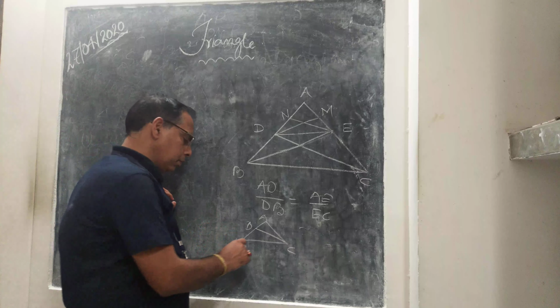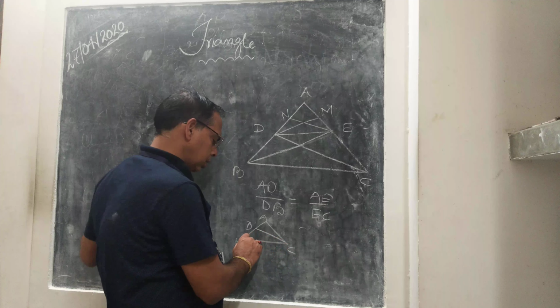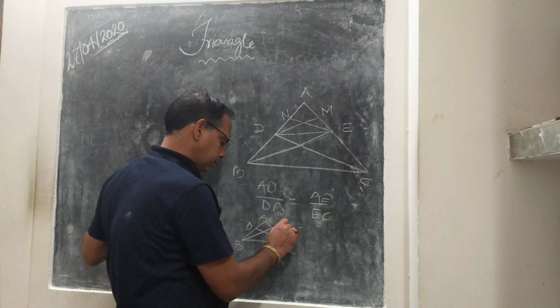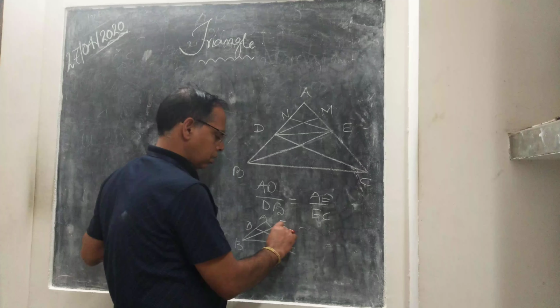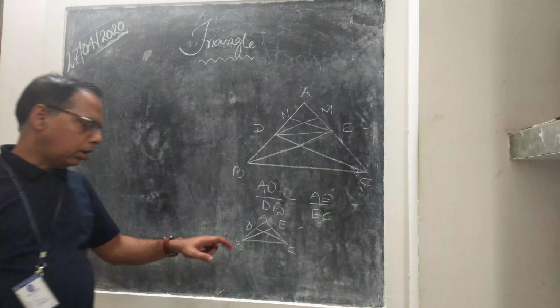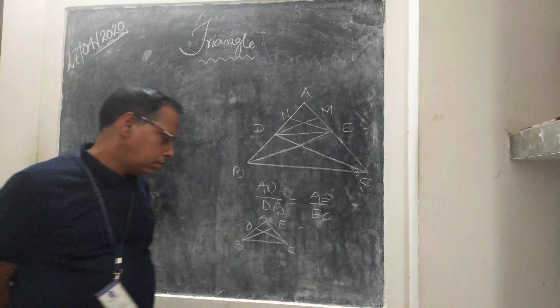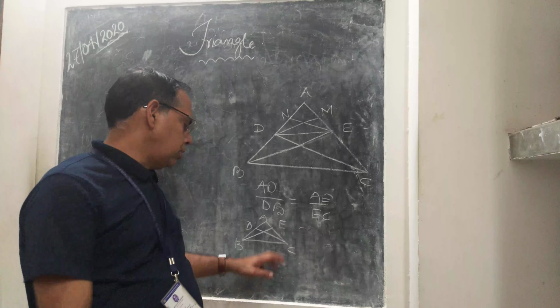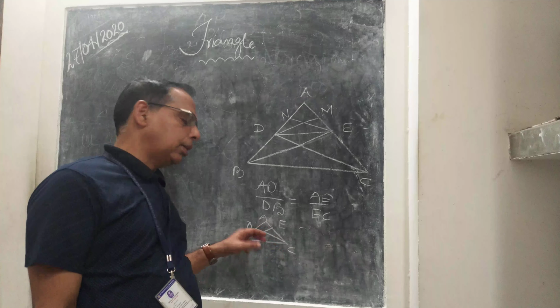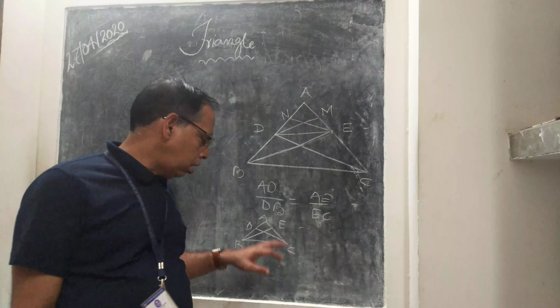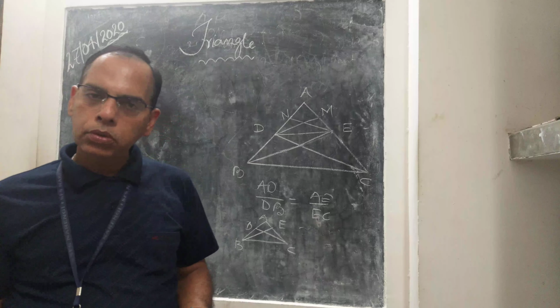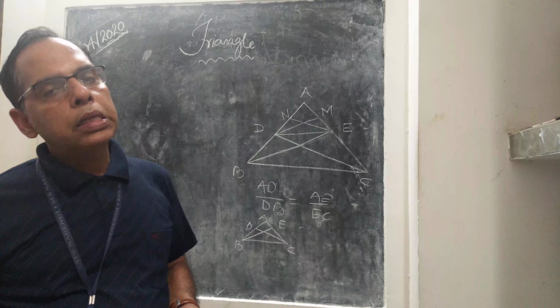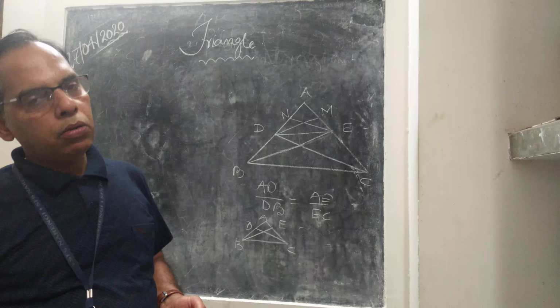Now in the same way, if I take this one instead, the area of triangle ABC equals half into BE into AC. That means whether you take BE or CD, the area of triangle ABC remains the same. We are only changing the base and the altitude, nothing else.